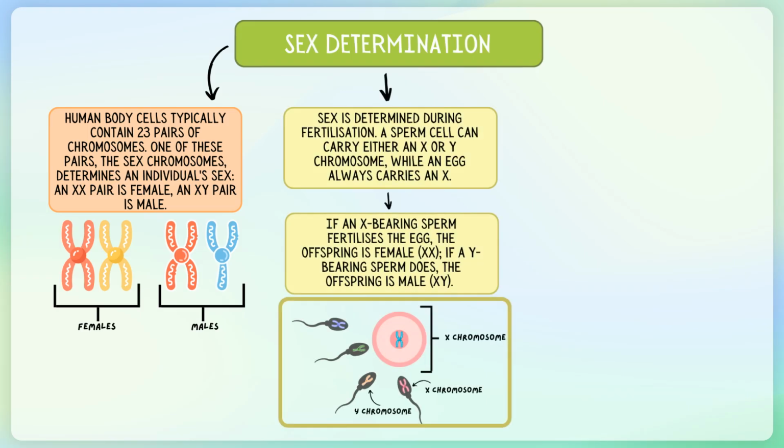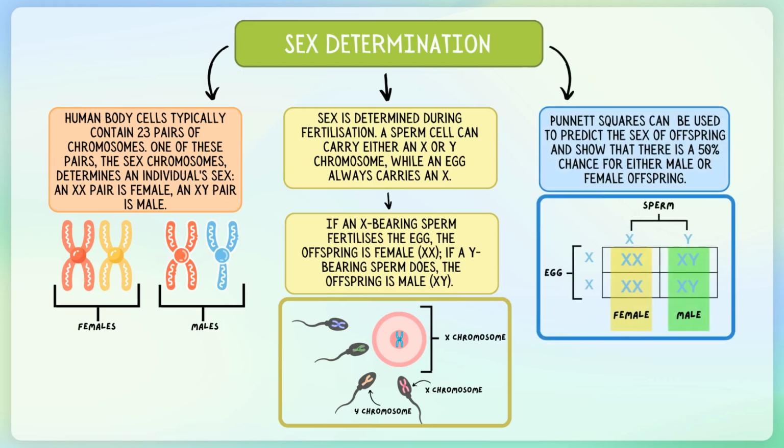A sperm cell can carry either an X or Y chromosome, while an egg always carries an X. If an X-bearing sperm fertilizes the egg, the offspring is female, XX. If a Y-bearing sperm does, the offspring is male, XY. We practiced using Punnett squares to predict the sex of offspring, solidifying our understanding of how sex determination occurs. This knowledge is essential for further studies in genetics and inheritance.